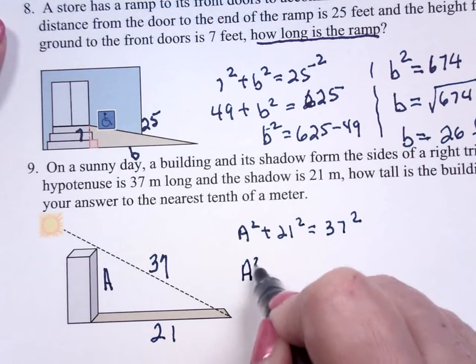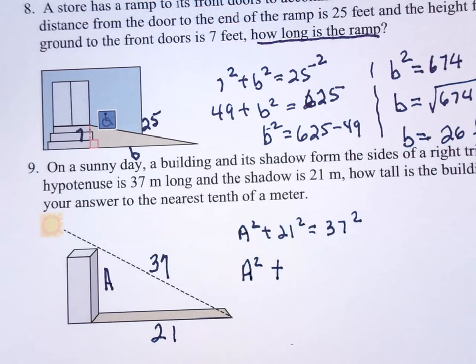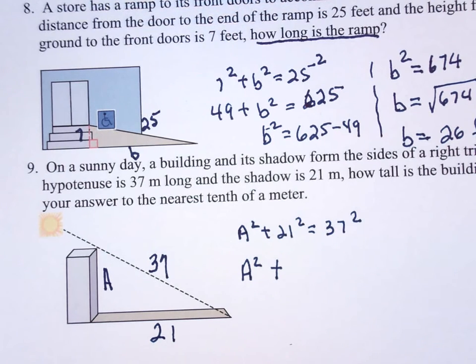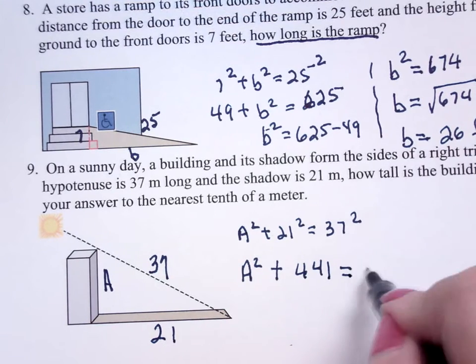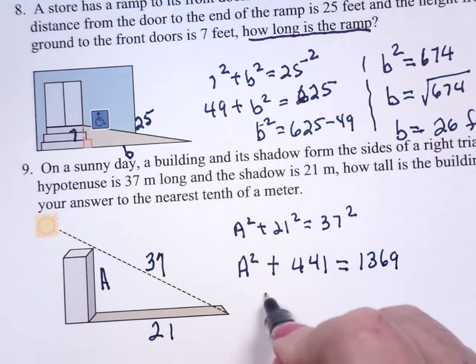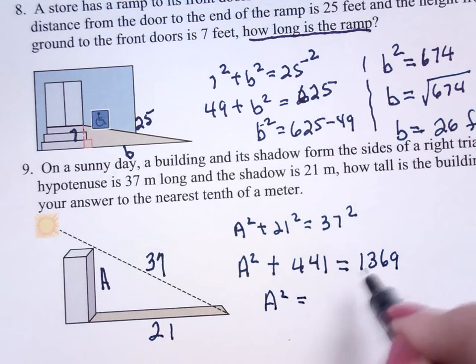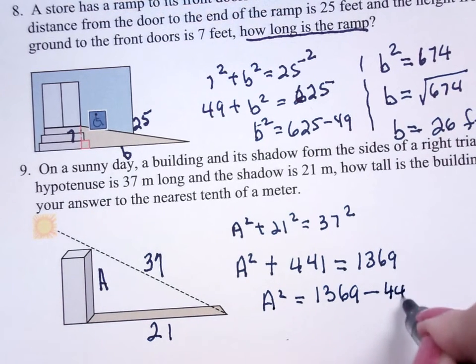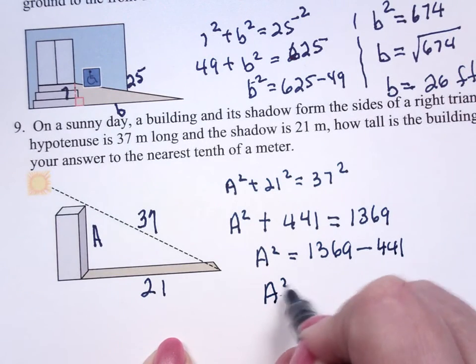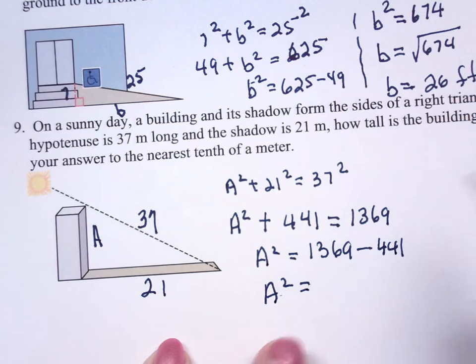So that a squared plus 21 squared, which is 441, equals 1369, so that a squared equals 1369, subtract 441. A squared equals 928.